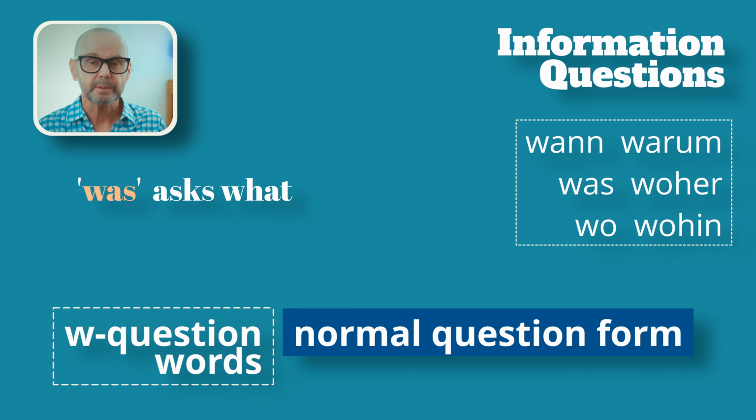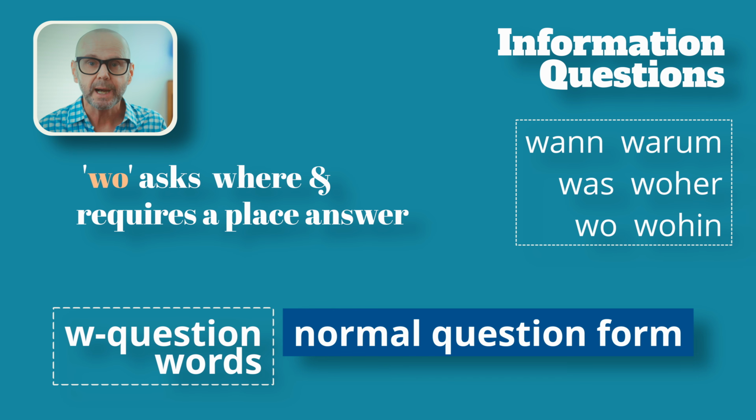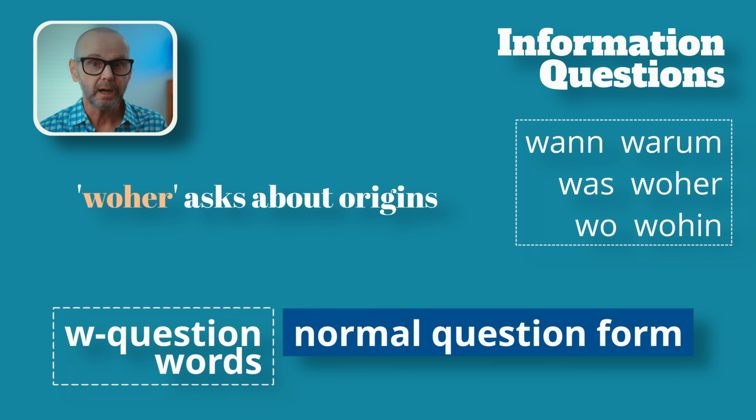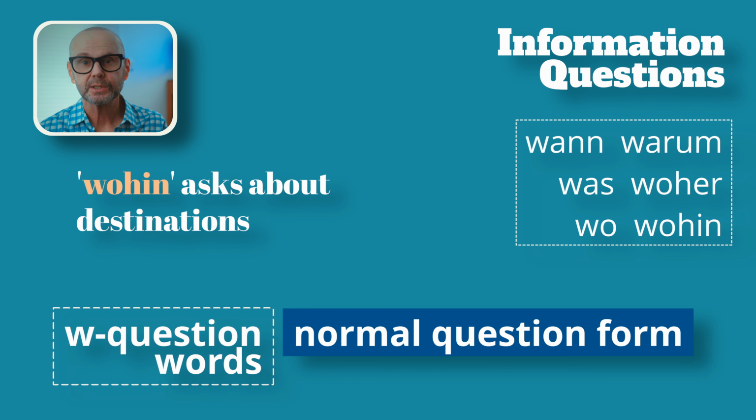Was asks about what. Wo asks about where and requires a location answer. Warum asks about why and requires a reason answer. Woher asks about origins, where someone or something comes from.